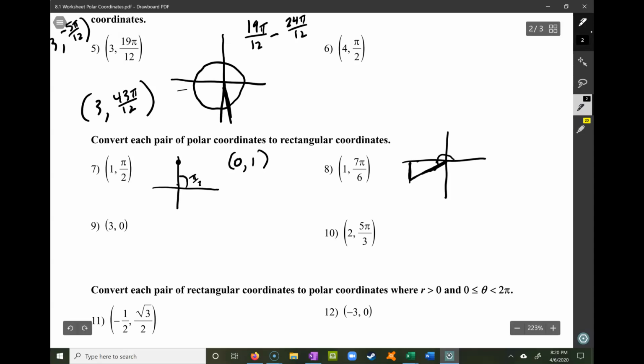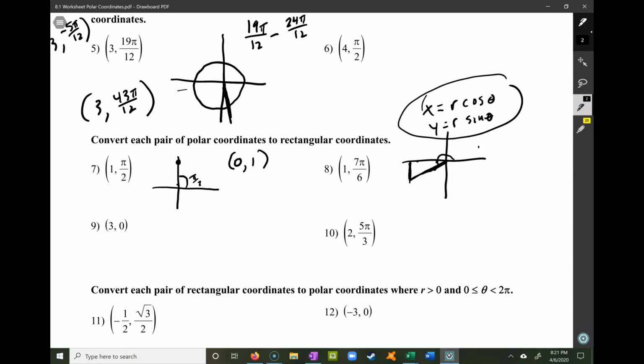But we established earlier that the x-coordinate is equal to r times the cosine of theta, and the y-coordinate is equal to r times the sine of theta. And even though we're not in the first quadrant, this relationship is still going to work. Now you could put the reference angle in there if you wanted to, but then you just have to know that this is negative. But if you put the actual angle in there, then it'll take care of the negatives for you. So the x-coordinate in this case would be 1 times cosine of 7 pi over 6.